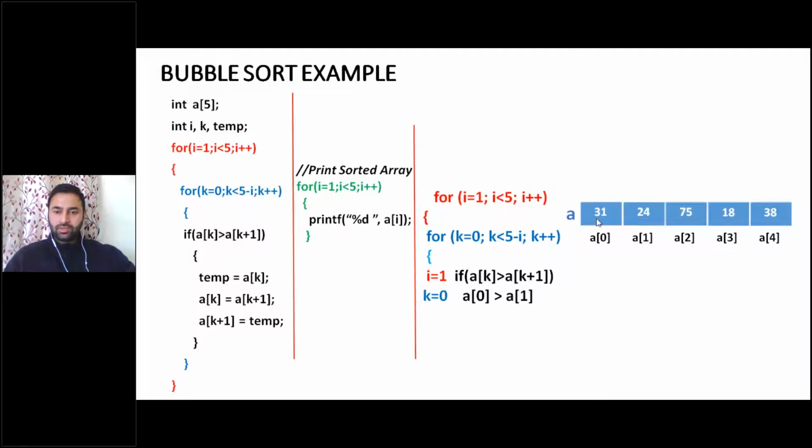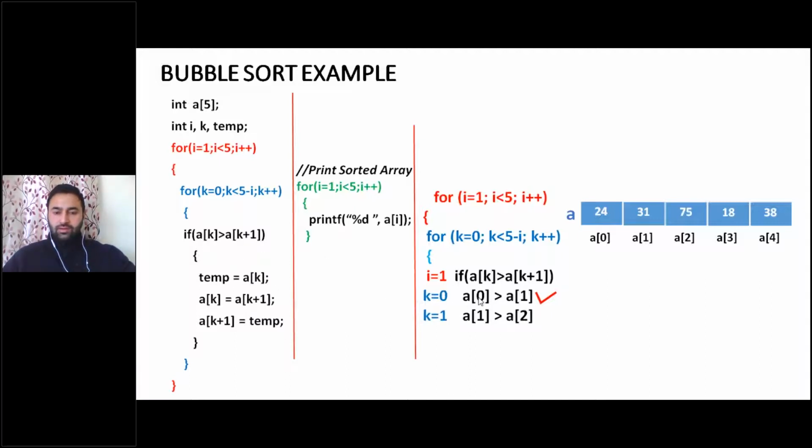See also this diagram, a of 0 is going to be compared with a of 1, and if this is true, these both numbers will be swapped like this. Because after the statement a of k greater than a of k plus 1, you have written the swapping statement. If a of k is greater than a of k plus 1, then swapping.